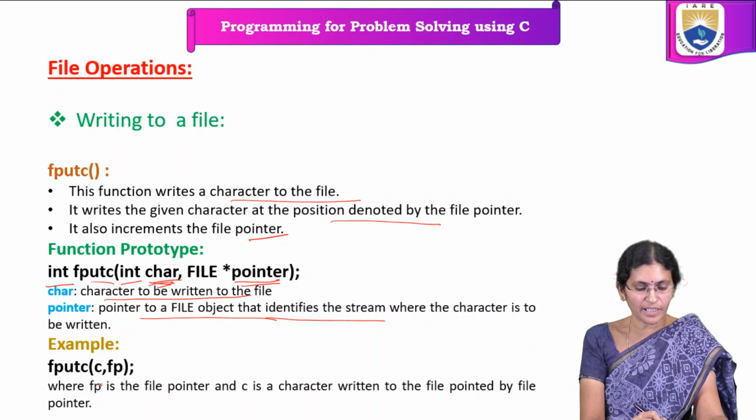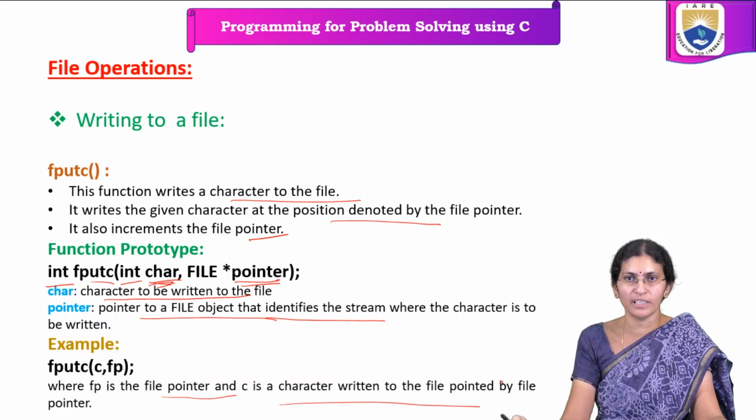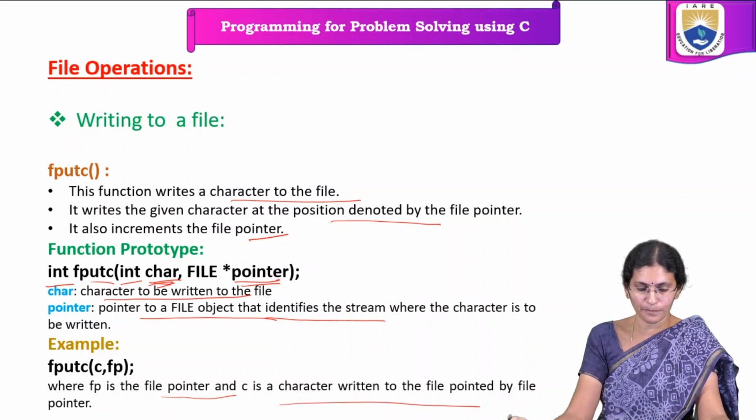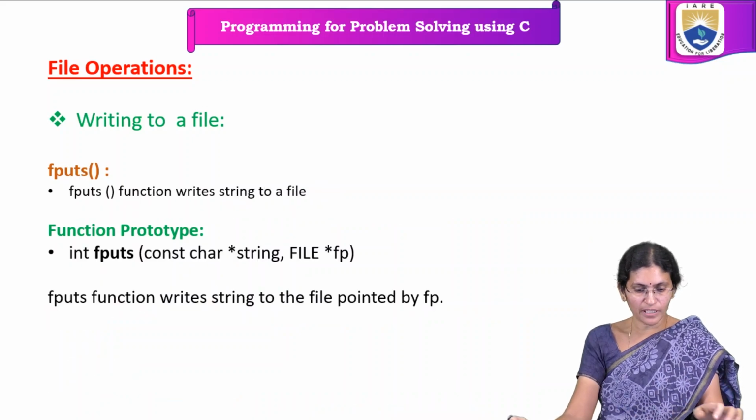If we write it this way, fputc(c, fp), here fp is the file pointer and c is the character to be written to the file pointed by the pointer. We can understand it with the help of an example.